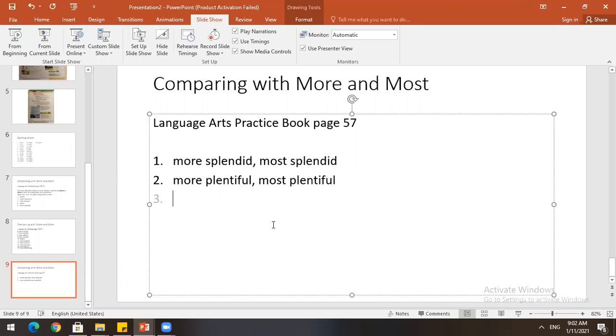Flexible. A, more flexible, most flexible. Thank you. Welcome. All right, number 4, adorable. Adorable, Reem. Number 4.